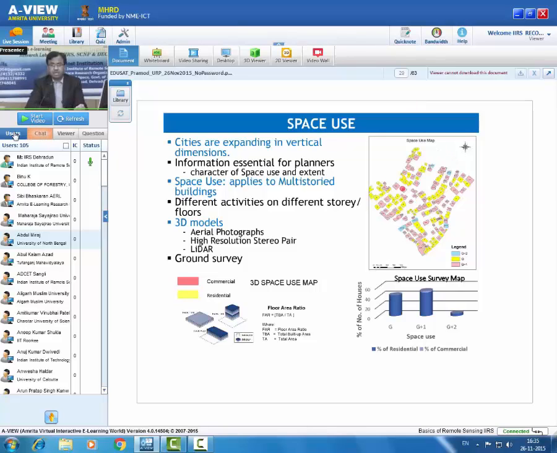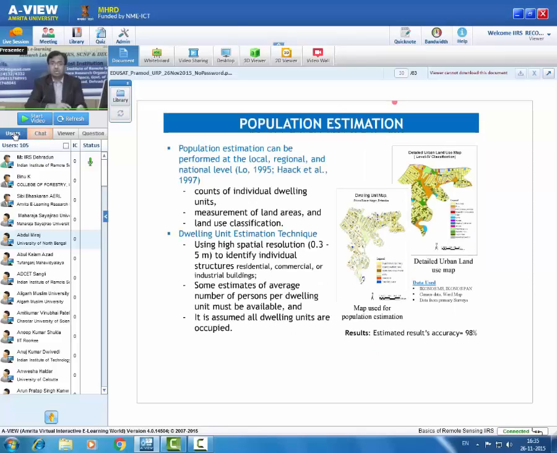When you look at it in 3D perspective, it helps us understand the floor area ratio, or the floor space index, however you call it. It is nothing but the FAR, the total built-up area upon the total area of the plots. So once you do this, you are able to find out the space use.